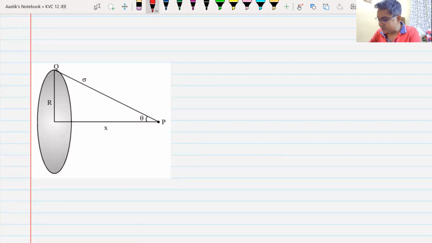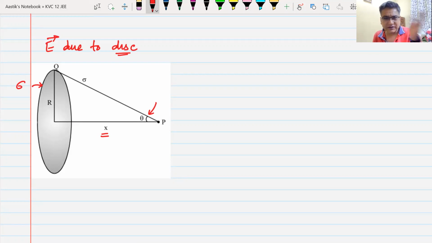Electric field due to a disk. The disk has a charge on the surface. The surface charge density is given as sigma. The distance is x, and this is known as the semi-cone angle or vertex angle or whatever it is called.